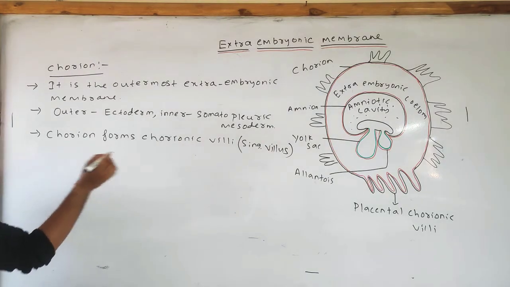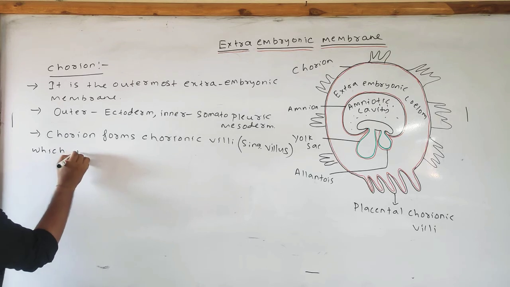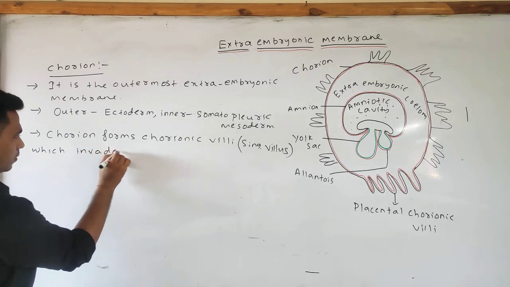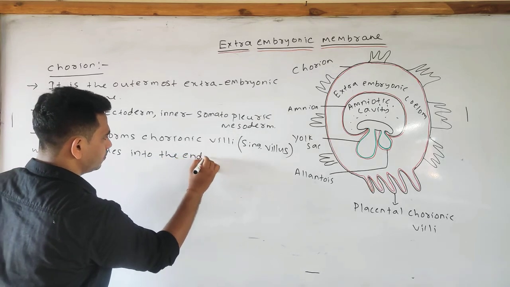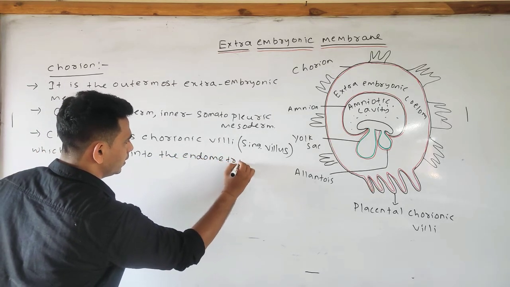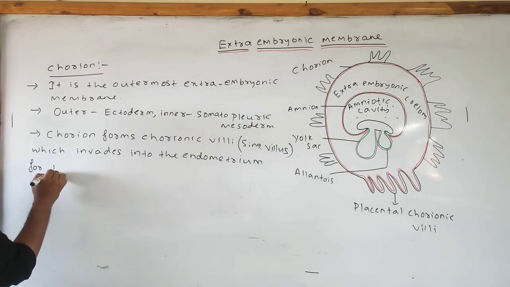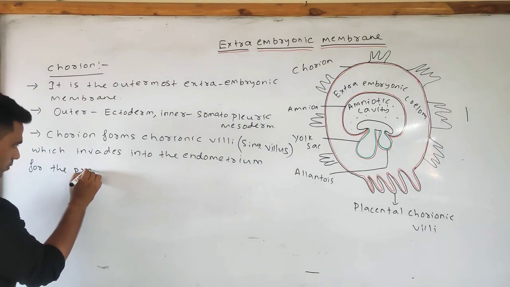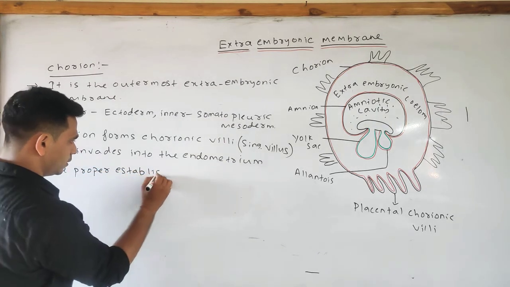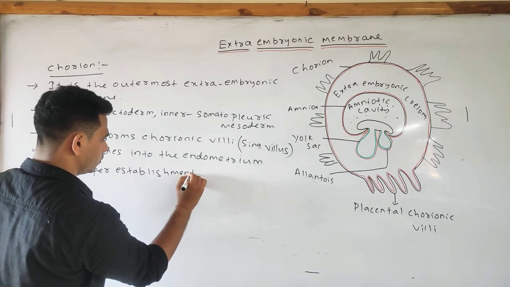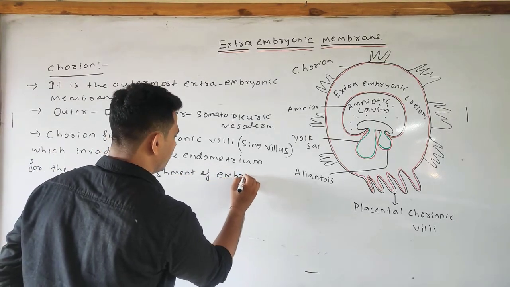Chorionic villi which invades into the endometrium for the proper establishment of embryo.